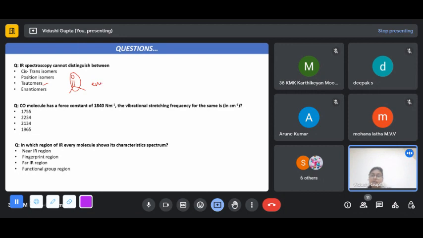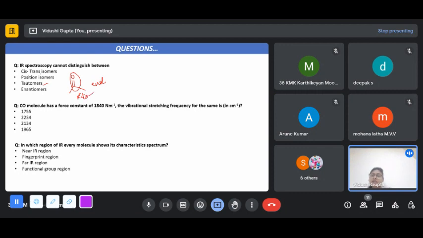So IR can distinguish between them. So IR can't distinguish between cis or trans, position isomers, or enantiomers. It will be enantiomers.